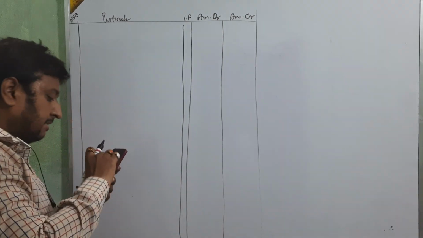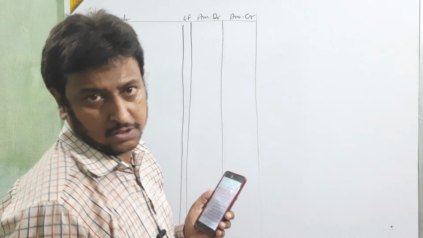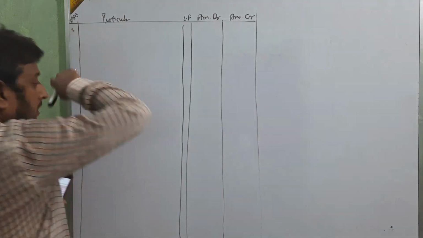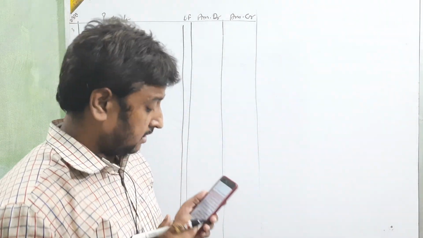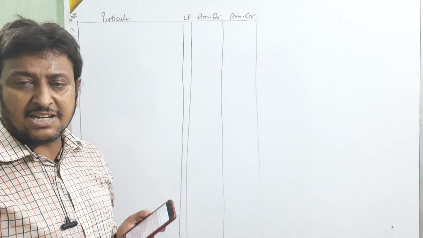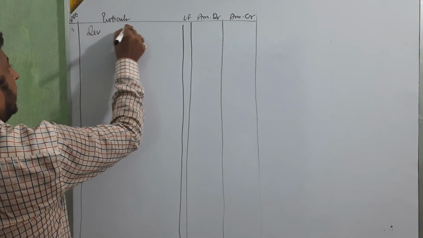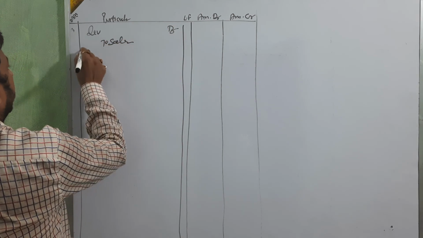Okay, start with the first, and the first is sold goods to Dev. On 3 March you are going to sell. Dev is there, which means it's a credit transaction. So Dev debit to sales.